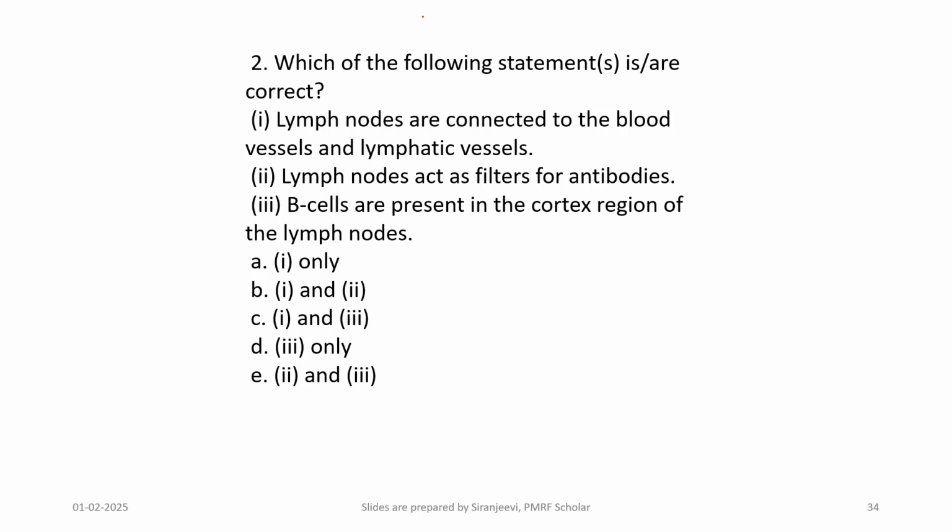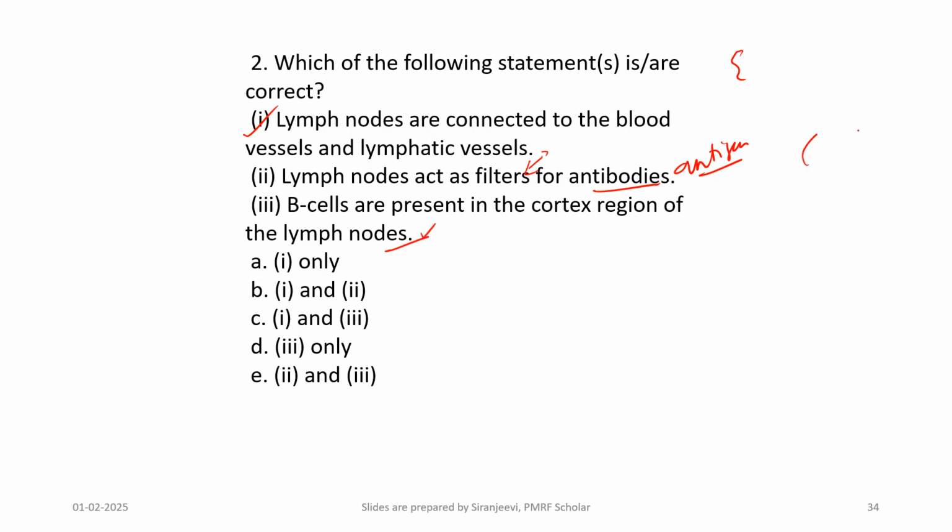So lymph nodes do not act as filters for antibodies, right? They act as a filter for antigen, not antibody. Lymph nodes are connected to the blood vessels and lymphatic vessels, that is correct. B cells are rich in the cortex region of the lymph nodes, correct?